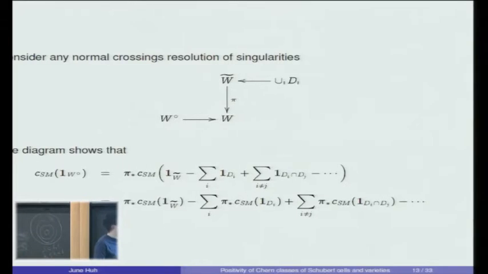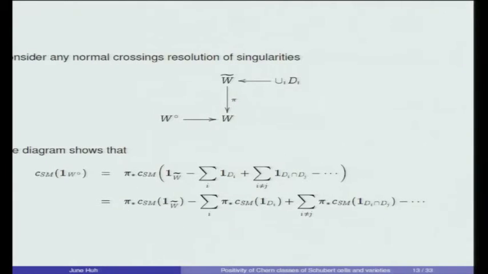And then because of this normalization for the smooth and compact case, and all these properties that are required of this theory, you see that the CSM class of the smooth part is already determined by all the other ingredients. So the open parts are not changed by the resolution of singularities.